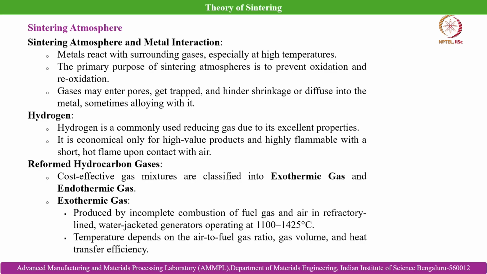Okay. So, coming to the sintering temperature. Sintering atmosphere and metal interaction. Metals react with the surrounding gases, especially at higher temperatures. The primary purpose of sintering atmospheres is to prevent oxidation and reoxidation. Gases may enter pores and get trapped, like we have discussed earlier, gas entrapment, chemical reaction.